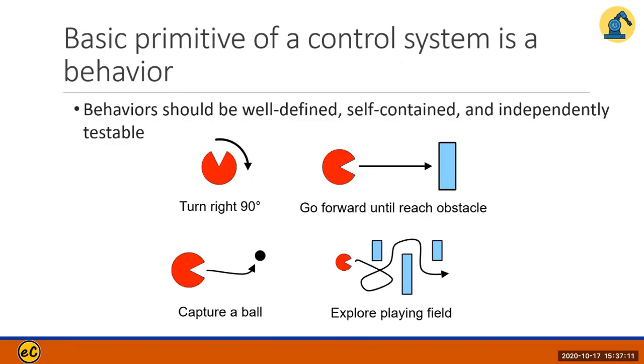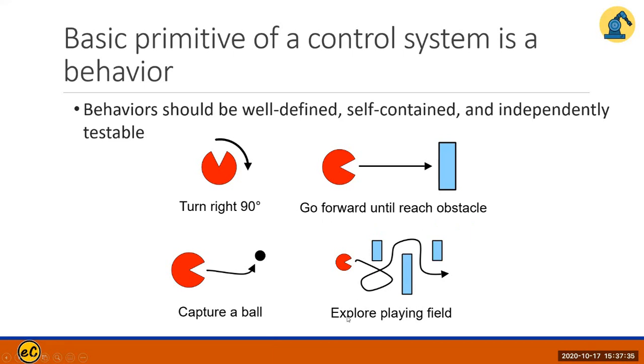The basic primitive of a control system is behavior, that is, the action. A behavior should be well-defined, self-contained, and independently testable. So we have an action called turn right 90 degrees. We have an action called capture a ball. We have an action called go forward until reach an obstacle.